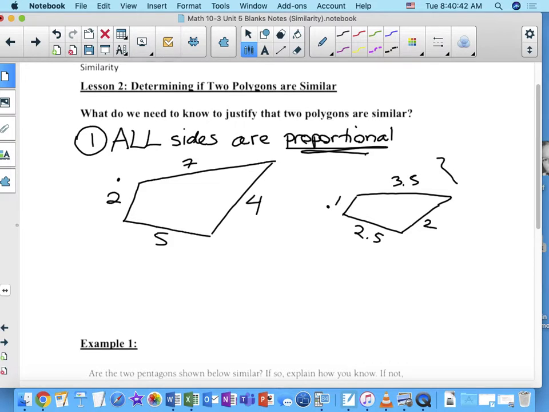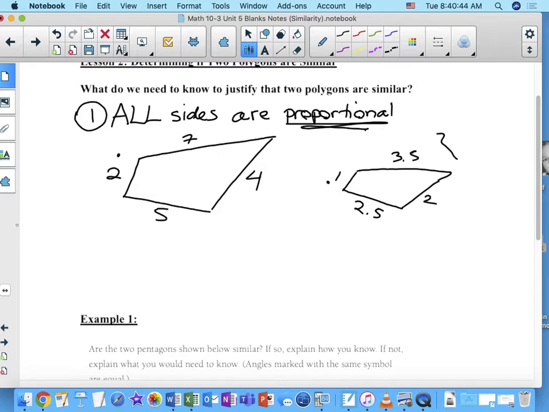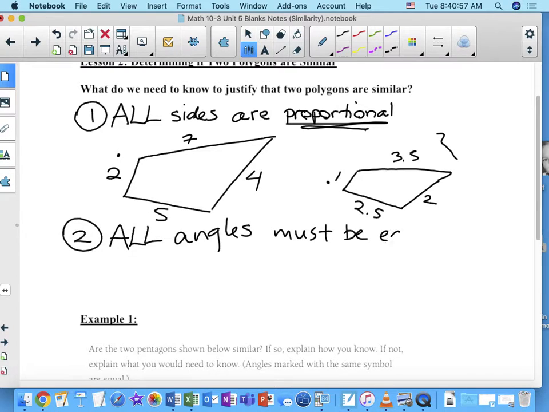The second condition, and you have to have both, it can't be either or, is that all angles must be equal. Okay, so for example, let's just add to this diagram, right? We'd have to know that this angle over here equals this angle over here, right?